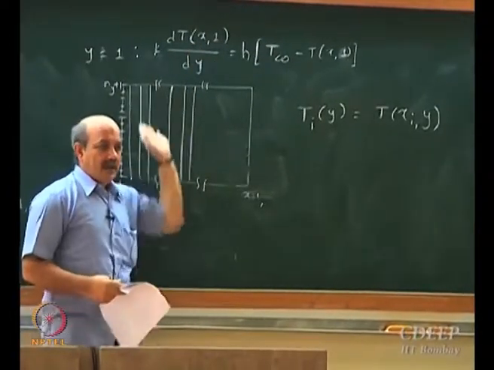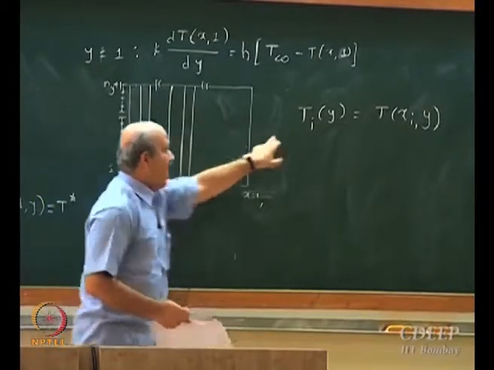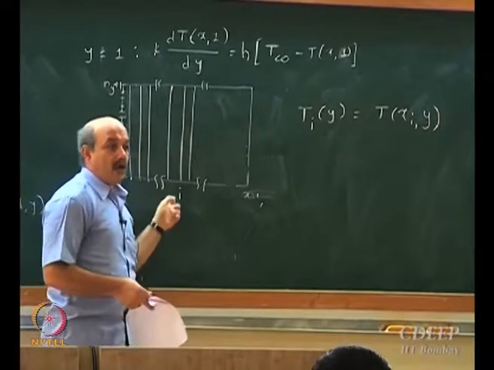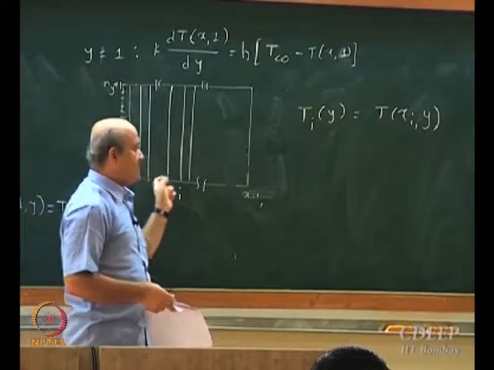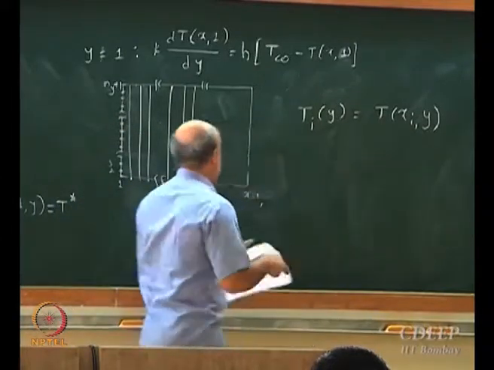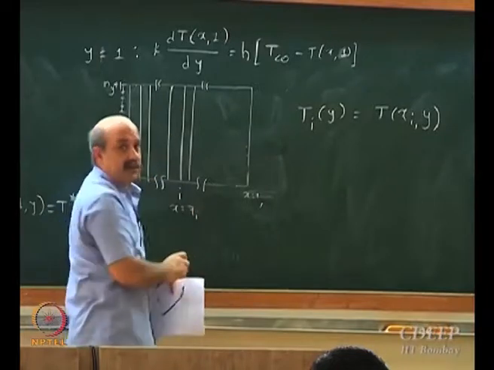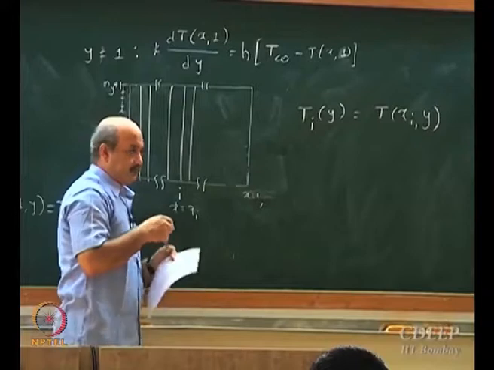I have drawn lines parallel to the y axis, and T_i(y) is the variation of temperature along the ith line parallel to the y axis. I am just fixing x_i. So this is my x equal to x_i. This is the ith point.